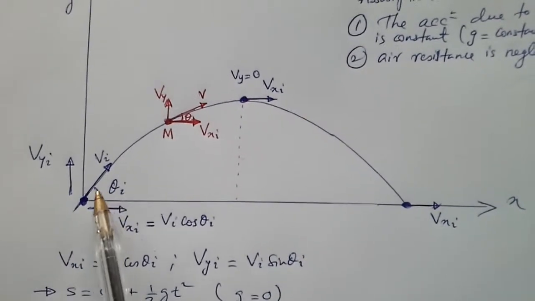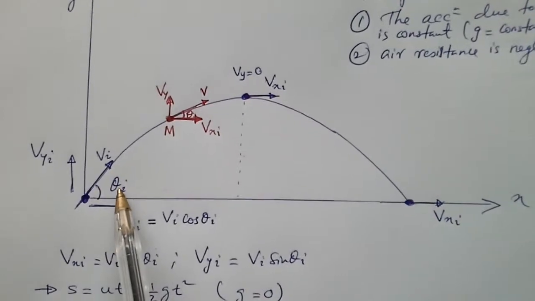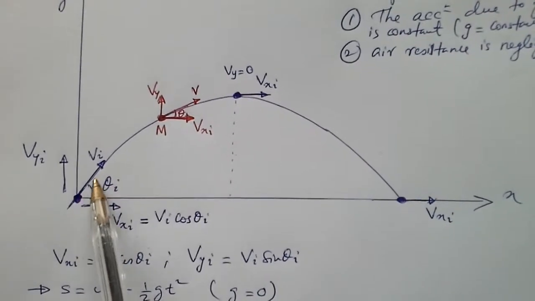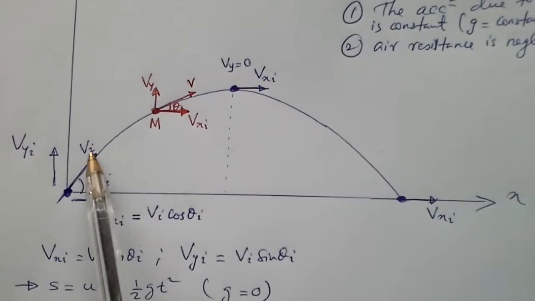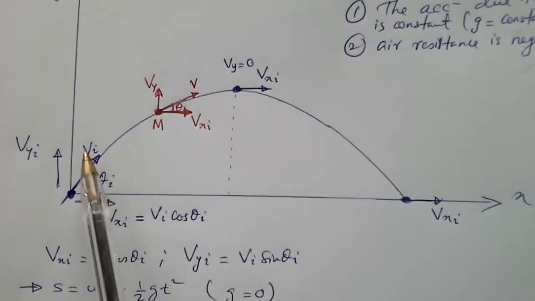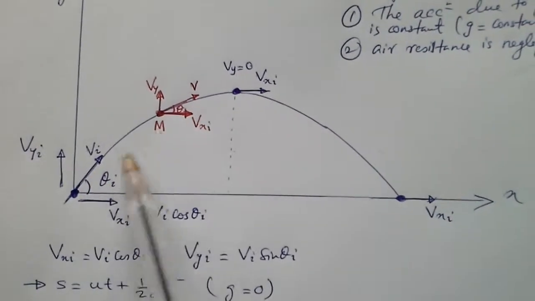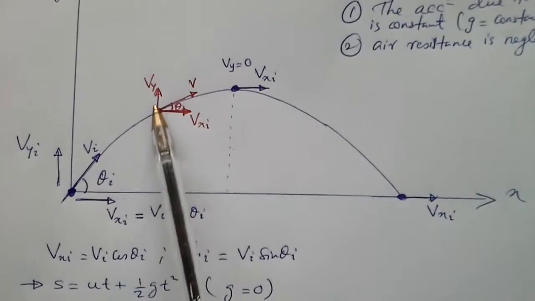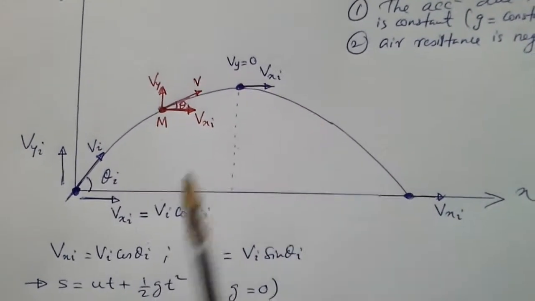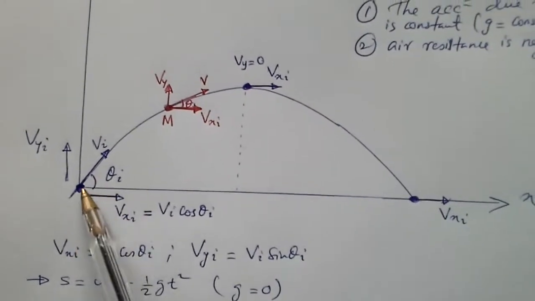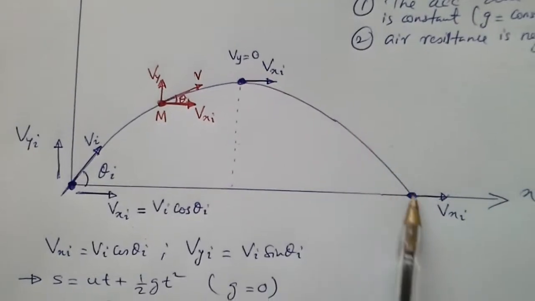We throw an object with an angle theta i with a velocity vi. This is the initial speed of the projectile. If you throw this object, we all know the object will follow a path like this. So we have to show this path, this trajectory, is actually a parabola.